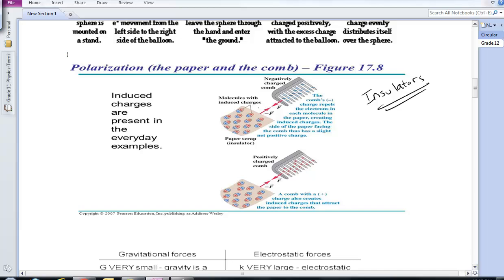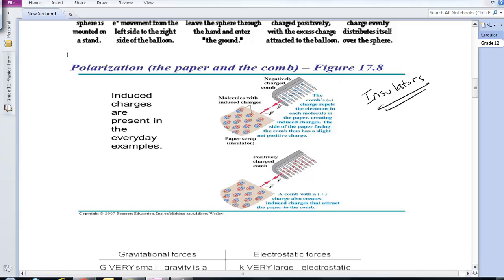When it becomes closer to the paper, it will encourage the positive charge, and then there will be an attraction. But there will be no complete separation because this is an insulator. That's why we call it polarization.